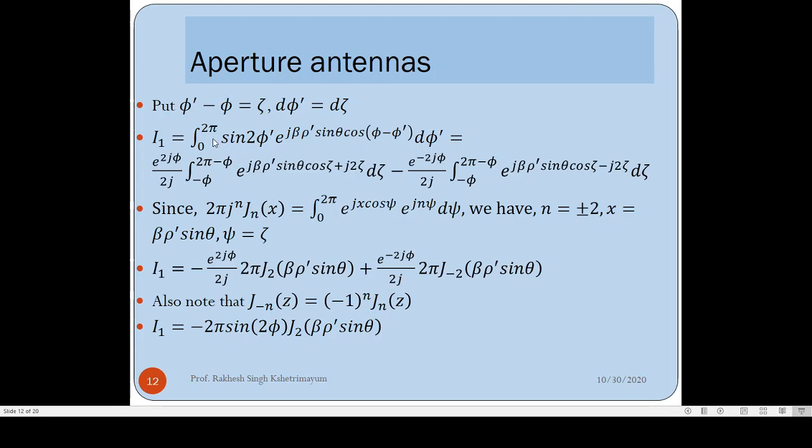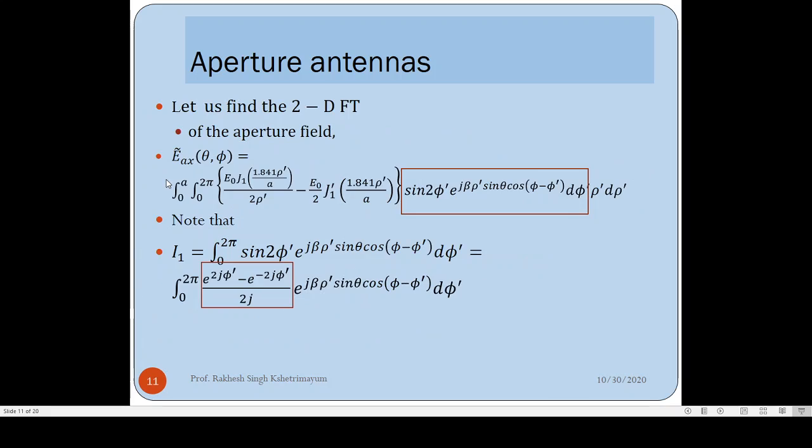Since we have changed the variable, this limit will also change: minus phi to 2 pi minus phi, exponential j beta rho sine theta cosine of zeta plus j 2 zeta d zeta. And you can take this outside. This is the exponential term, exponential 2j phi by 2j.